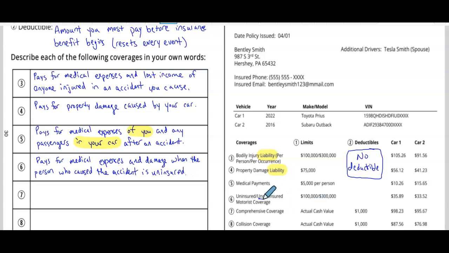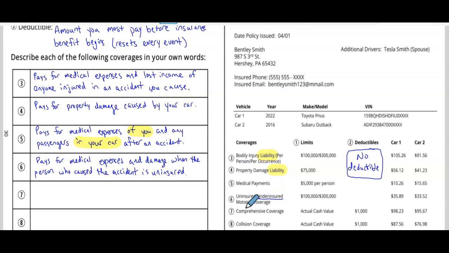So that underinsured means they have insurance, but it's not enough. So they did more damage than whatever this number is here. So the bodily injury, the property damage liability, they have limits. If their limit isn't high enough to cover the damage to you, then it goes over to your insurance, and this covers you. So up to these amounts if they're either uninsured or underinsured.